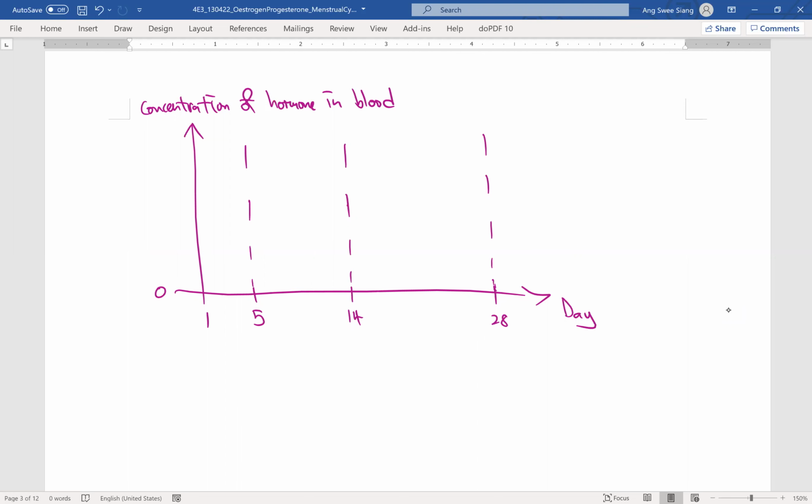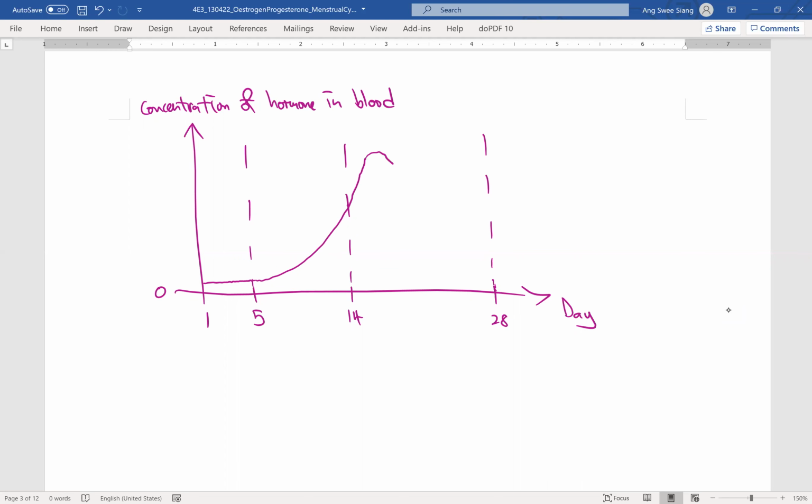So you will start like this. It will also slowly increase, but way slower. Then it will peak after ovulation.